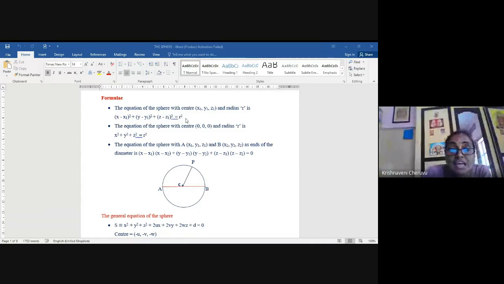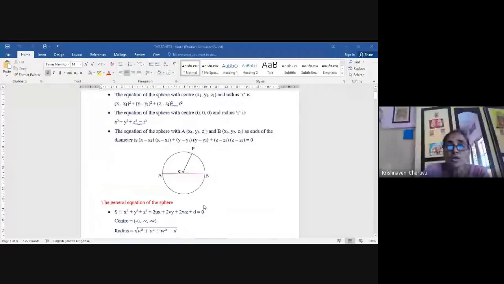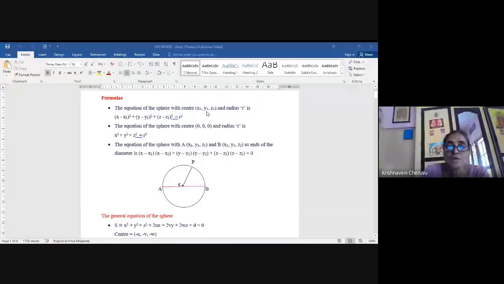And when you expand this equation, you will get the general equation of the sphere, which is in the form x square plus y square plus z square plus 2ux plus 2vy plus 2wz plus d is equal to 0. So once you know the center and radius of a sphere, by using this formula, you will get the equation of the sphere after expanding this.